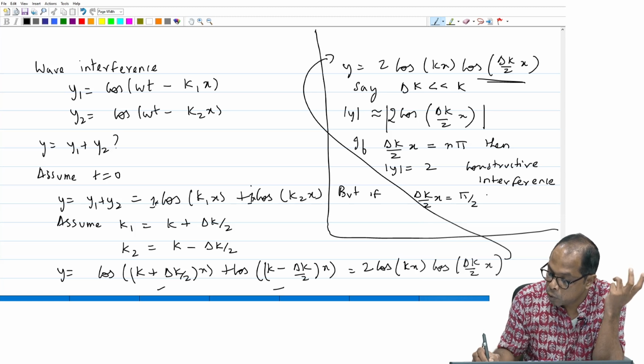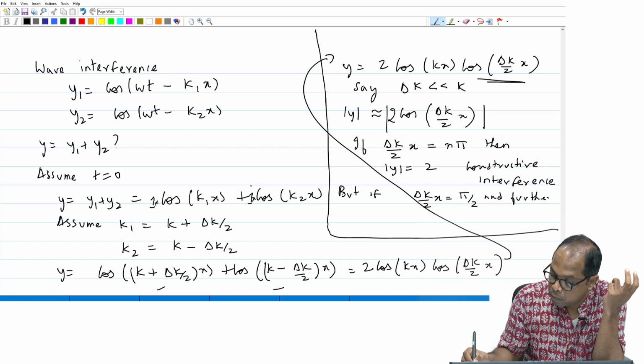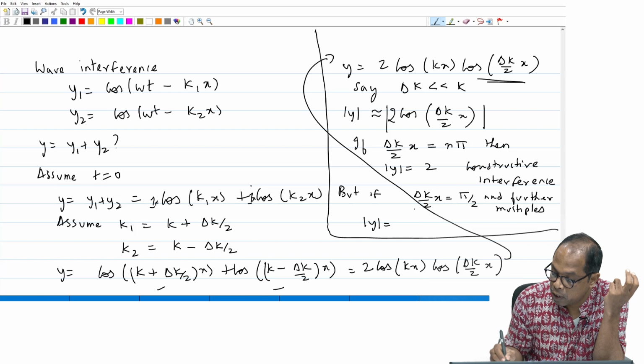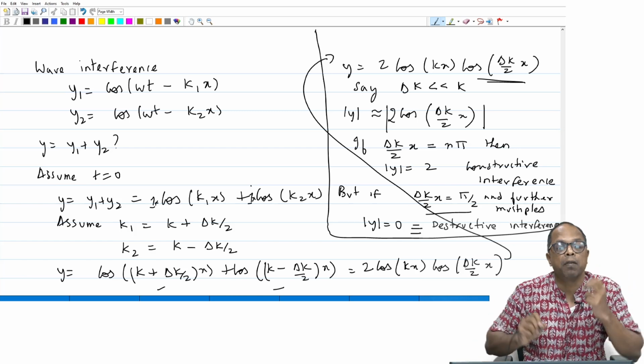Now instead, if you have the two waves being out of phase, with delta k by 2 times x equal to pi by 2 and further odd multiples, then the locations at which you have this equal to 0, this is destructive interference.